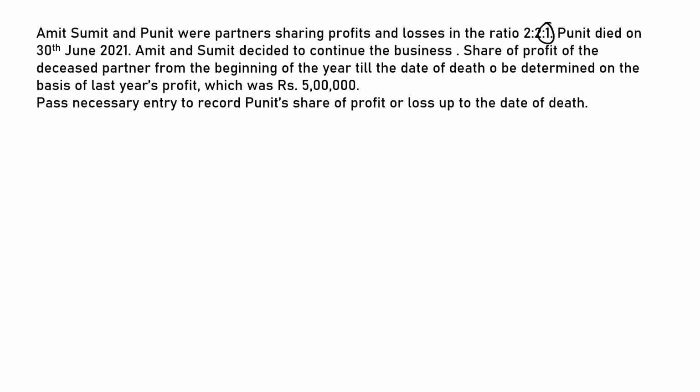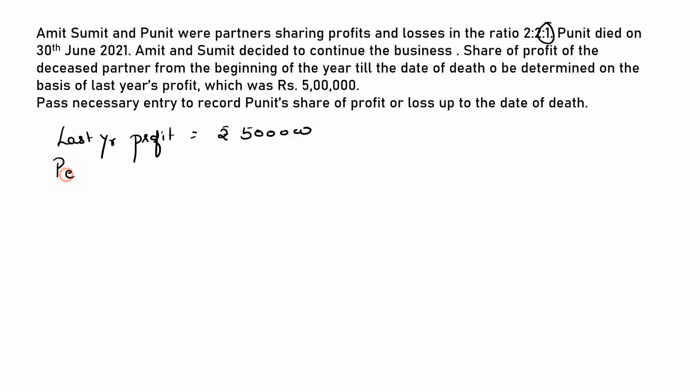Share of profit of the deceased partner from the beginning of the year till the date of death to be determined on the basis of last year's profit, which was 5 lakhs. So they said estimate on the basis of last year's profit. So the last year's profit which we have is rupees 5 lakh.